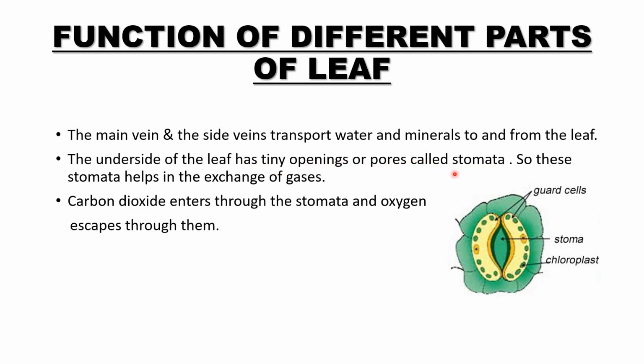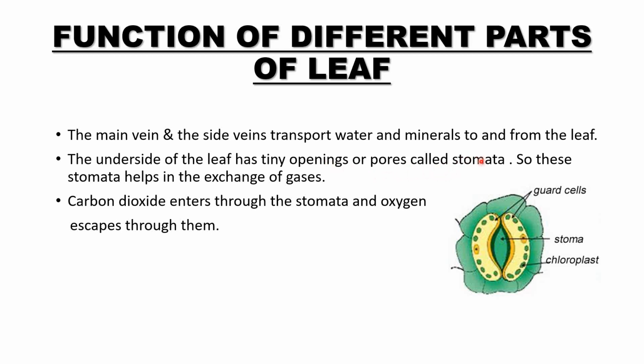Have you ever seen that? No, you cannot see that because they are so small and you cannot see them with your naked eyes. You require a microscope to visualize these parts. These are very small parts. And what is the function of these stomata on leaves?